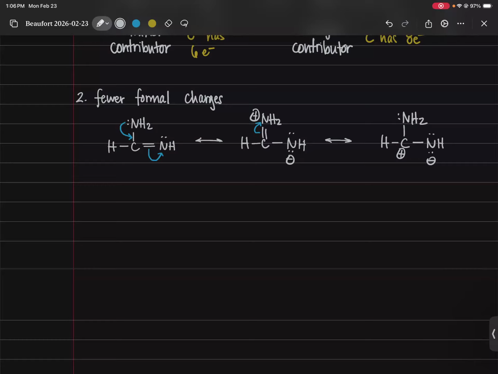So I think we can see the major contributor is going to be the first structure because it doesn't have any formal charges. And that's good. The other two both have a positive and a negative formal charge.